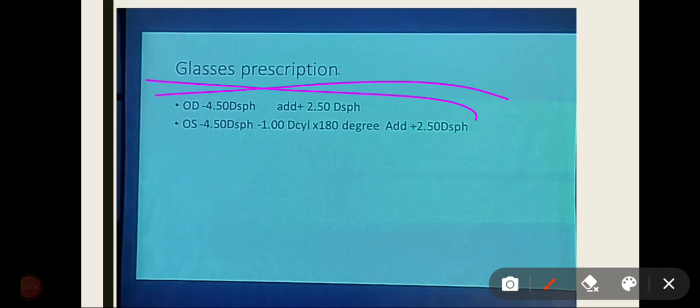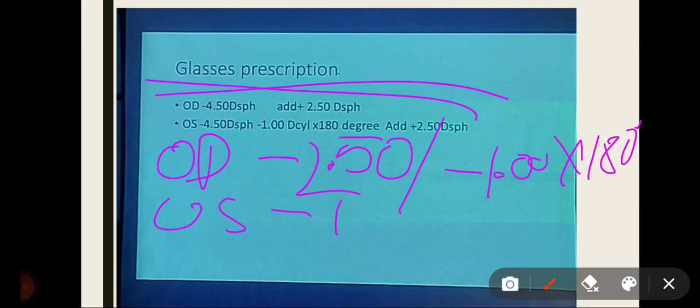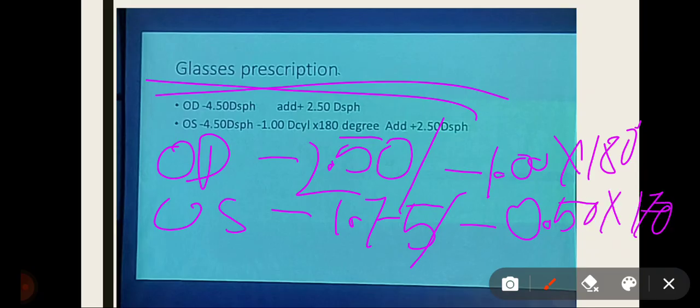For example, we have a question: OD minus 2.50 oblique minus 1.00 into 180, OS minus 1.75 minus 0.50 to 170, add plus 2.00 diopter.